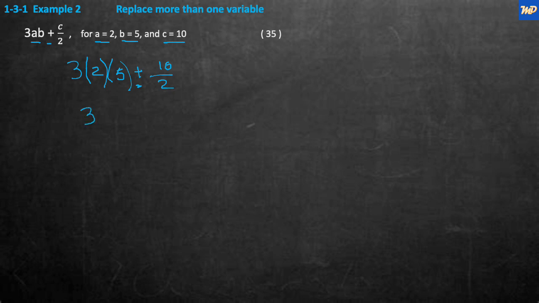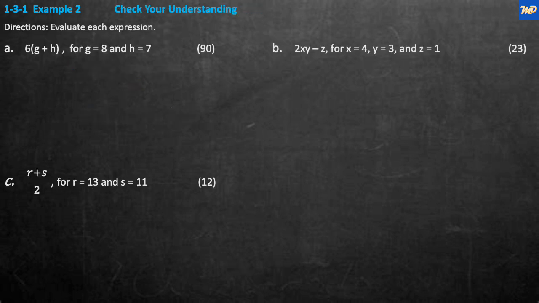And then the plus is next in line. 10 divided by 2 is 5. Now we can do the final addition here. 30 plus 5 is equal to 35. Okay? Good deal.